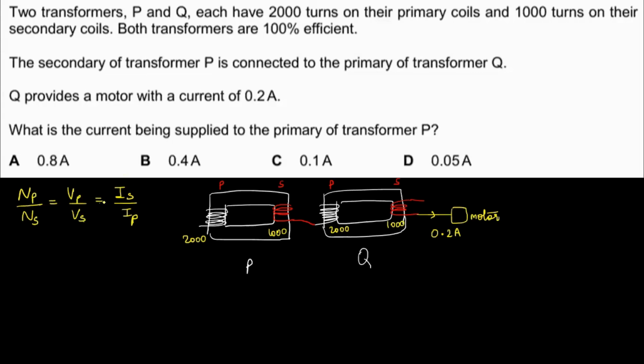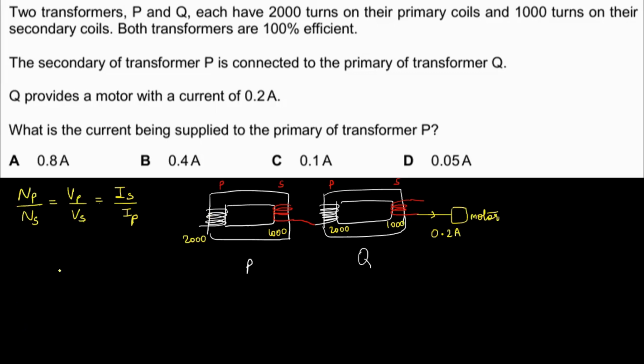This is a very important formula, and it will be used twice in this process. They have given the current in secondary, 0.2, so we will find the current in primary. The same current is being supplied by the secondary of the P transformer, and from this we will find the current in the primary of P.